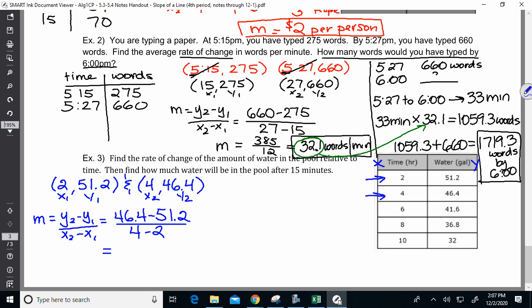So let's do the computation. 46.4 minus 51.2. What number is one at the top? So negative 4.8 divided by 2 gives you what?